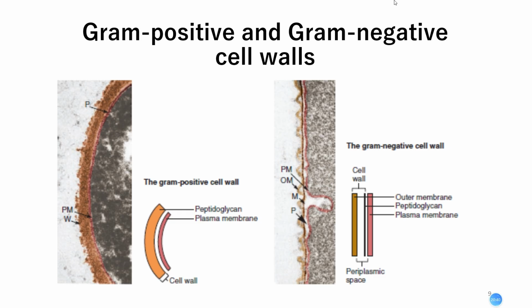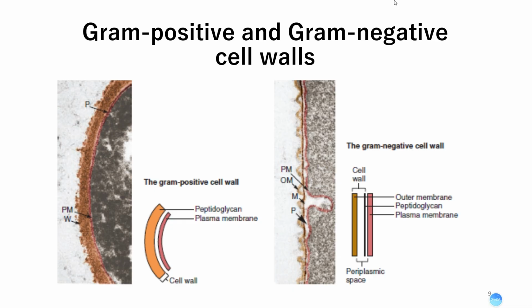So in gram-negative bacteria, there are two layers of membrane. One is the periplasmic membrane, the other one is the outer membrane. And when we say cell wall, it means the outer membrane and the peptidoglycan. So the two layers together form the cell wall of gram-negative bacteria.